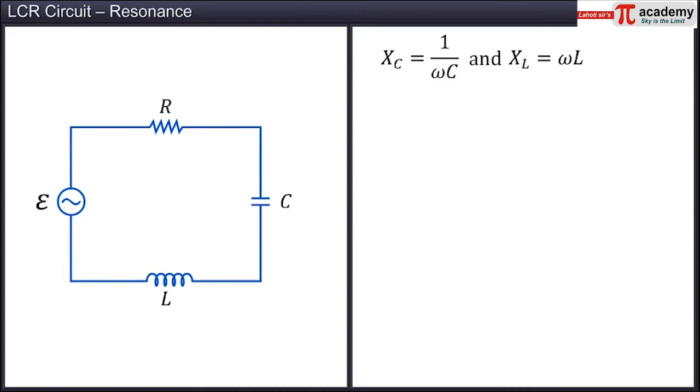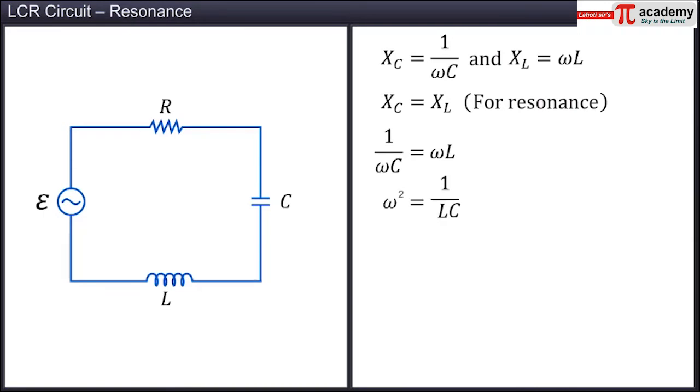For resonance in an LCR series circuit, the amplitude of the current in the circuit should be the maximum. For this, the necessary condition is Xc should be equal to XL. Substituting the values of Xc and XL in this condition for resonance, we get 1 by omega C equal to omega L, or omega square equal to 1 by LC.